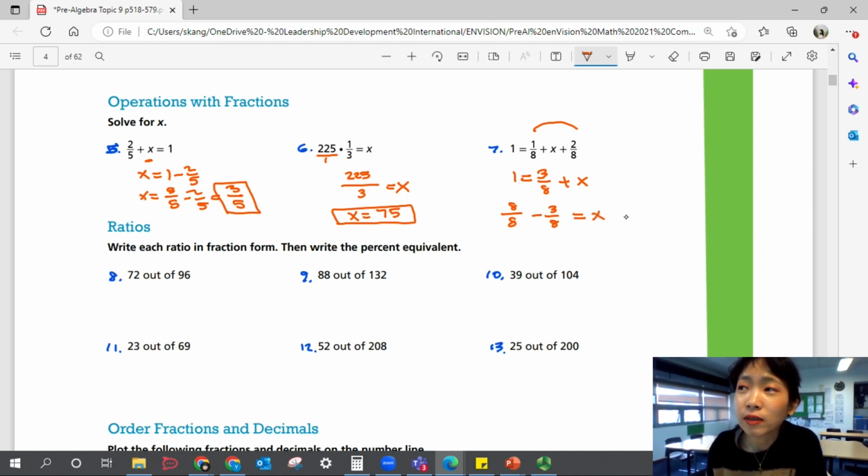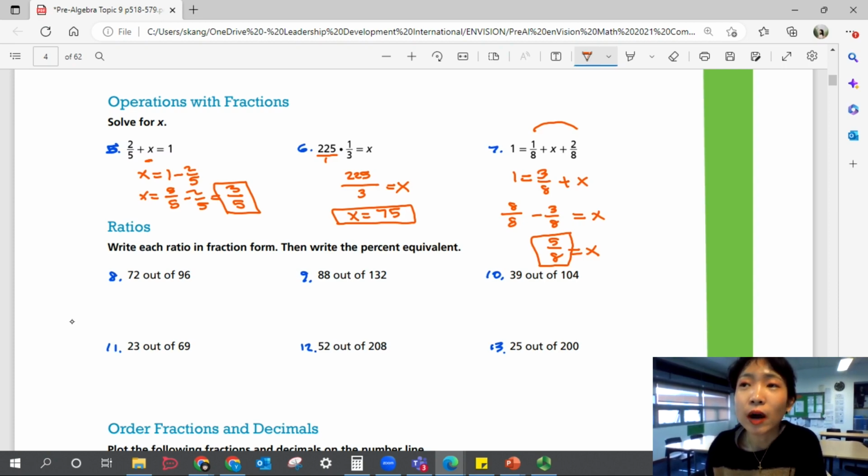And then you have an x isolated on the right side. And then 8 minus 3 would just be 5. And so your x is equal to 5 over 8. All right, check your answers and see if you got all of them correctly. If you didn't, please go back and check your steps and see where you made the mistake and redo it.